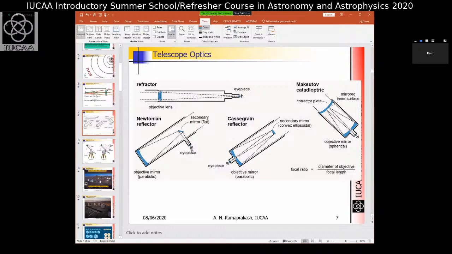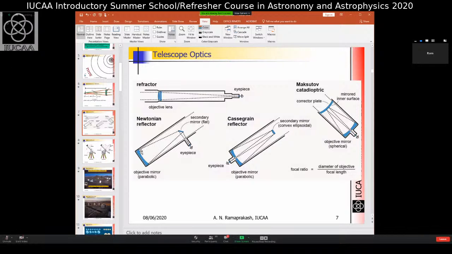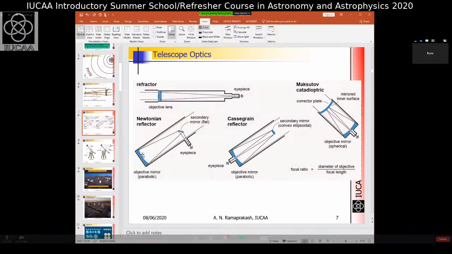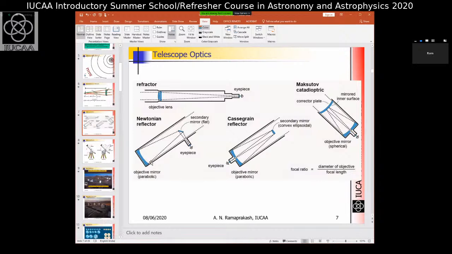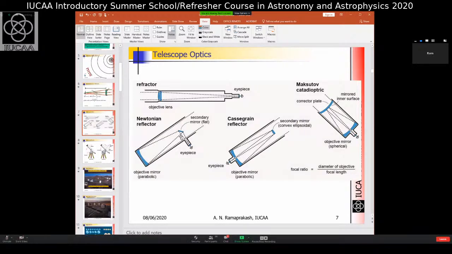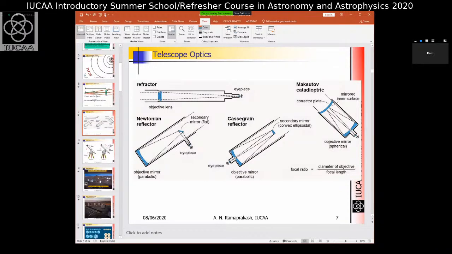This is just a flat mirror which folds the light in this direction. It's not really doing anything special. So it is a very simple optical arrangement with only one mirror. The main disadvantage is that this mirror blocks the light which is coming in, and you can see it only through the side.